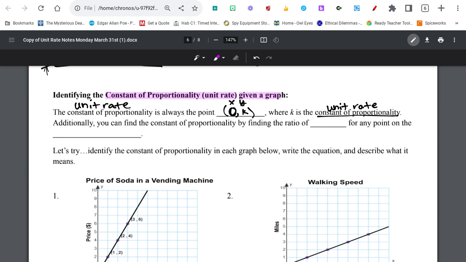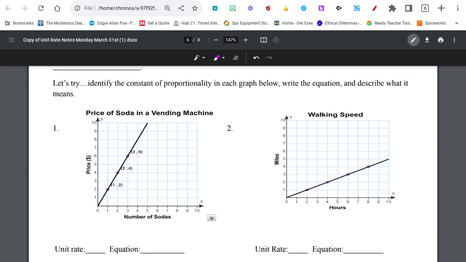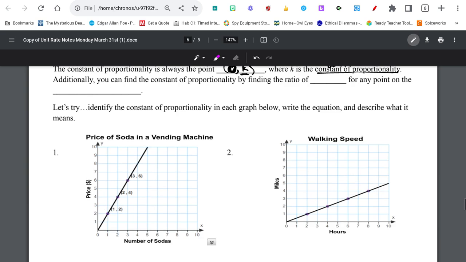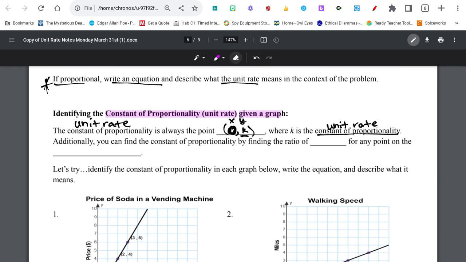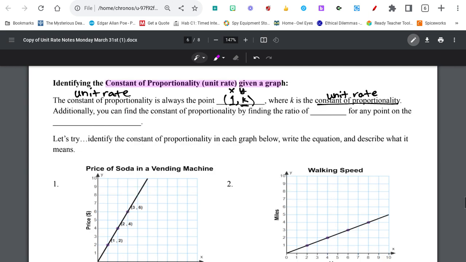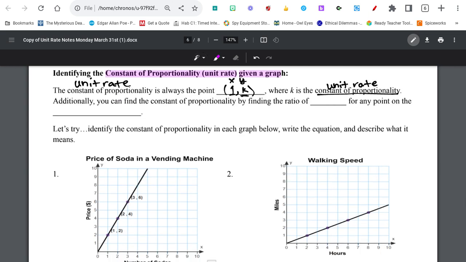So if you have an x of 0, you can find an x of 0 on your graph, that k is your unit rate. So for instance, sorry, it's not 0. It's 1. That's my fault. If you can find an x value that's equal to 1 and then match it up with the corresponding y coordinate, that y coordinate is going to be your unit rate.